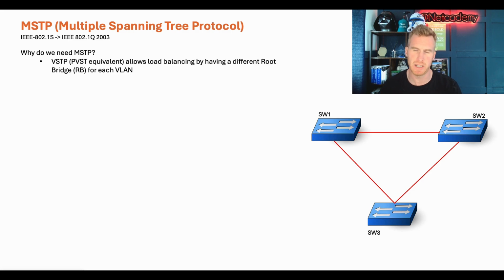So you can configure your layer 2 network to have a different spanning tree protocol tree for every single VLAN, because that's what VSTP or PVST, PVST plus actually do.